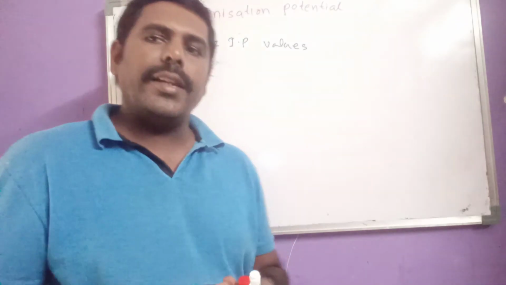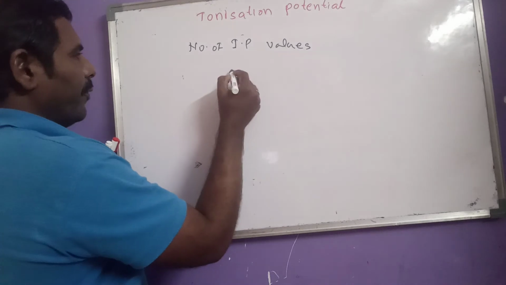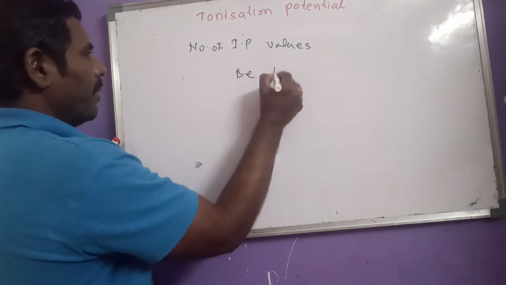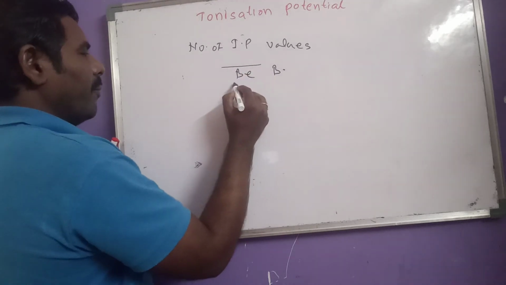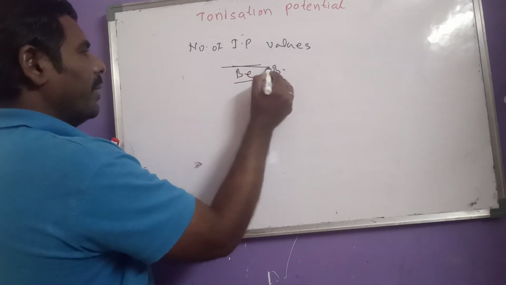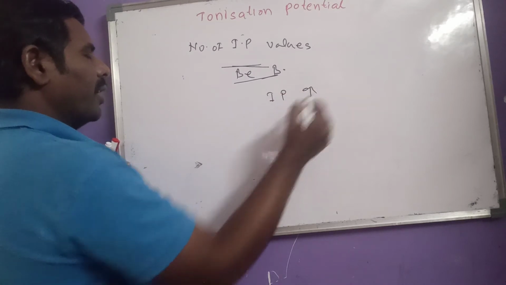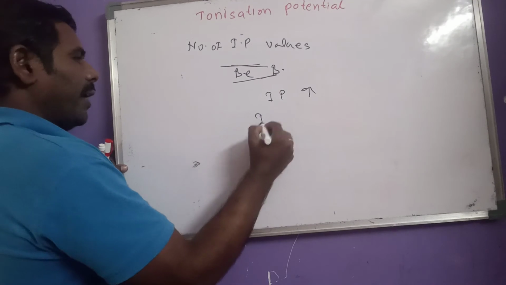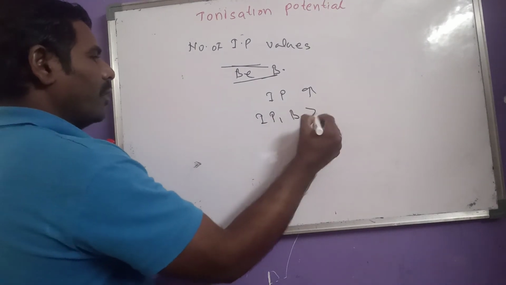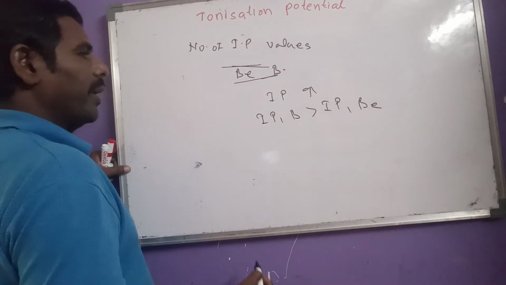And what is another important question here? For example, consider beryllium and boron. In a period from left to right, as atomic size decreases, ionization potential increases. That means IP1 of boron should be greater than IP1 of beryllium.